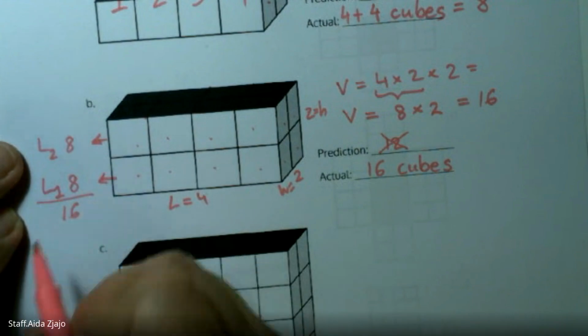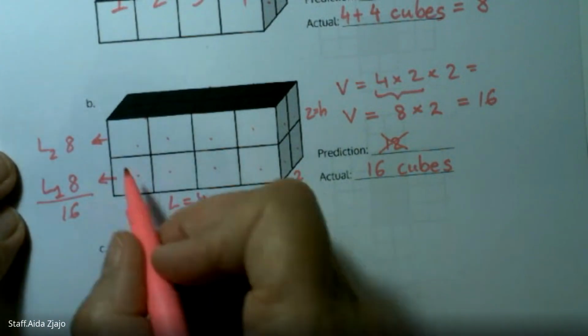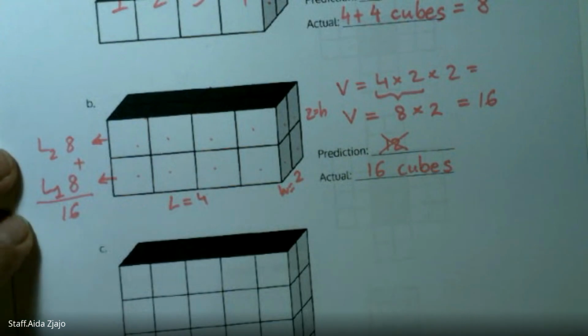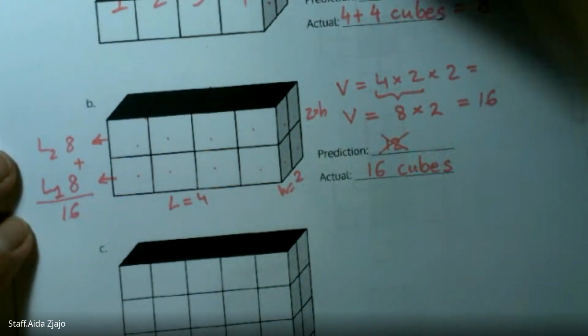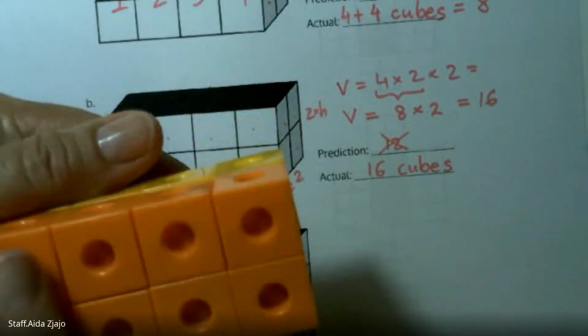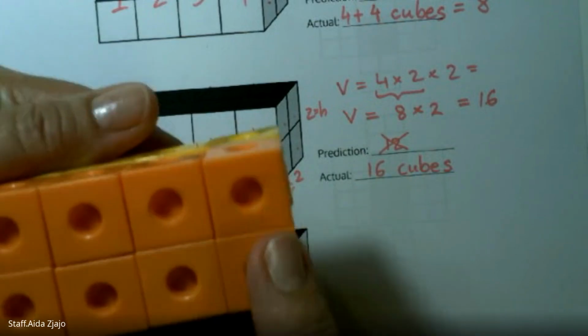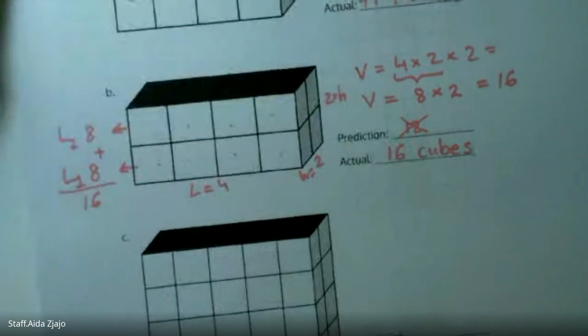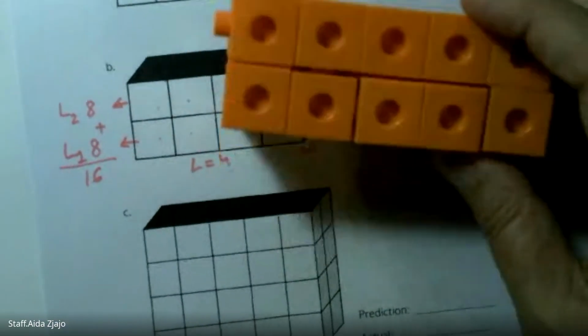Together is 16 cubes, and you add them together. All right, and that is this. The bottom is 8, 1, 2, 3, 4, 5, 6, 7, 8, and then the top is also 8. Okay, let's go to the next one.